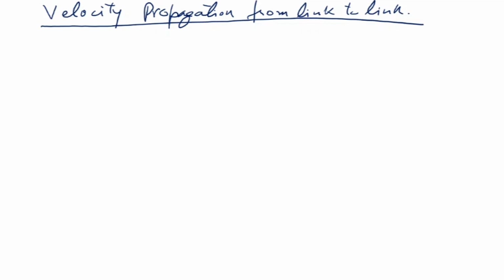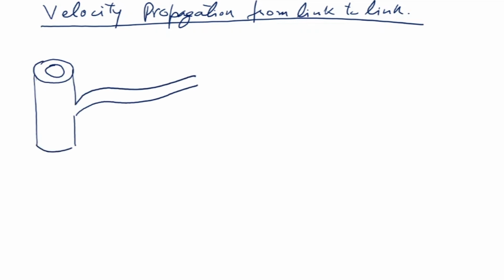Let's draw a generalized link system. So this is a generalized link. This is one link and there is another link in front. So this is the forward link. Let's call this link i, and let's call the next one link i plus 1.